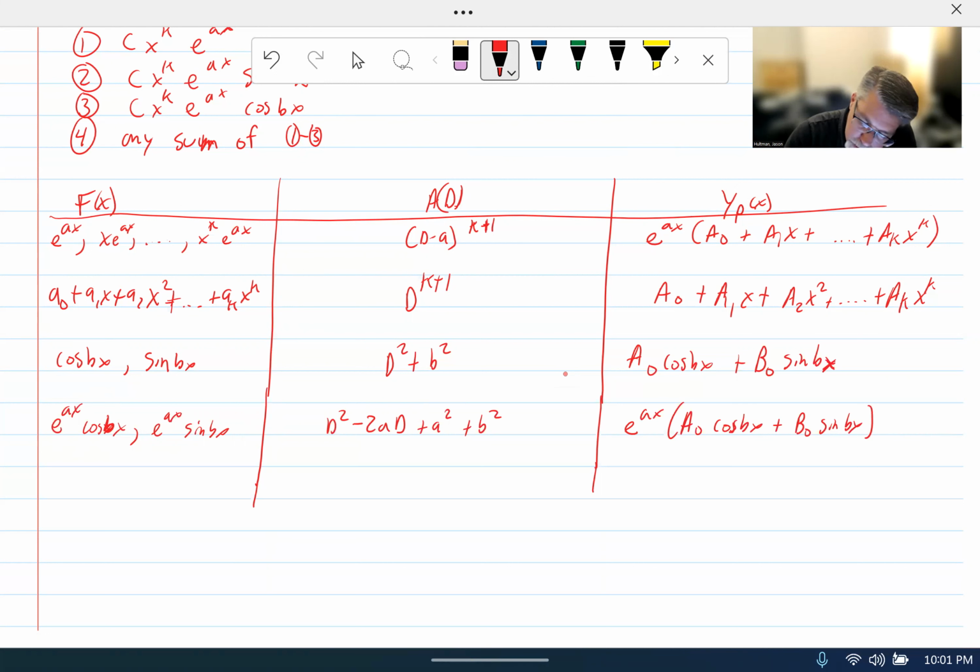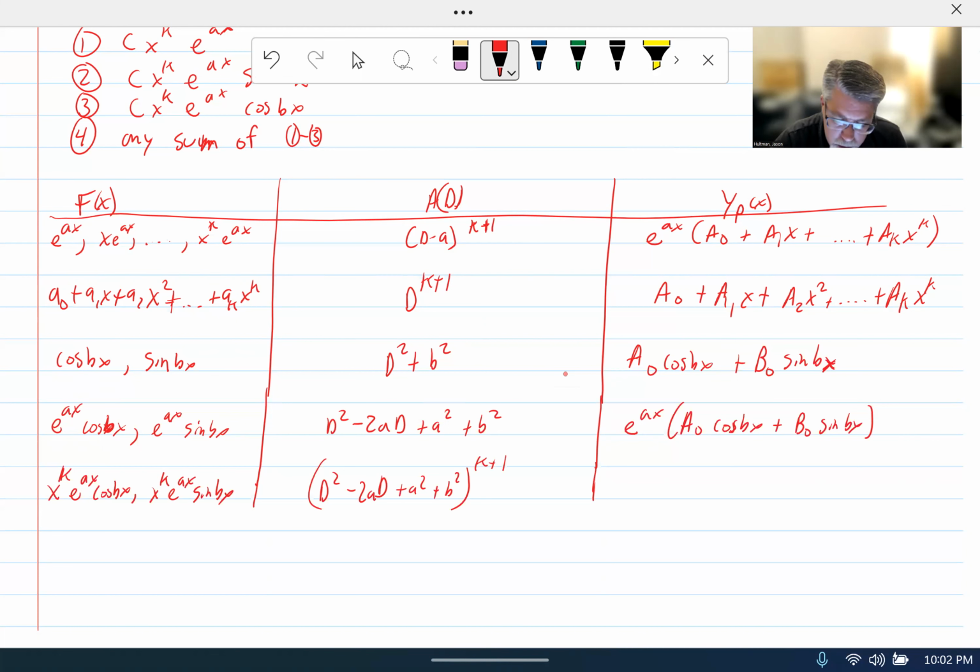And the last variation of this is what happens if we have all three together. If we have x to the k, e to the ax, cosine bx, then what we get is D squared minus 2aD plus a squared plus b squared, all to the k plus 1 power.